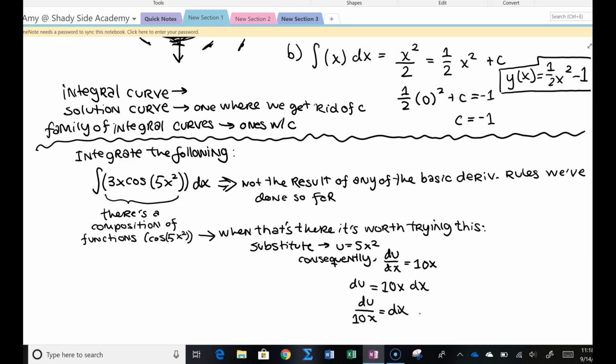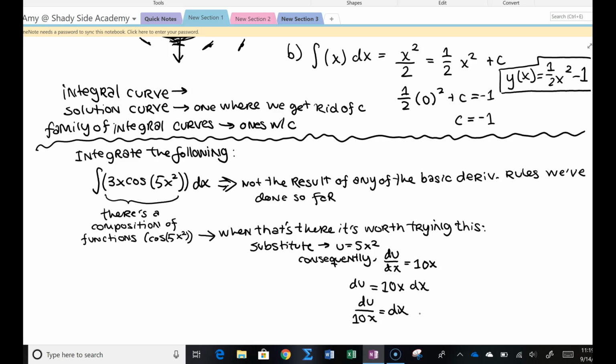Now are you ready? Here's what we're going to do. With this choice, I'm going to rewrite this indefinite integral from an integral in terms of x to an integral in terms of u. Let's see what happens.